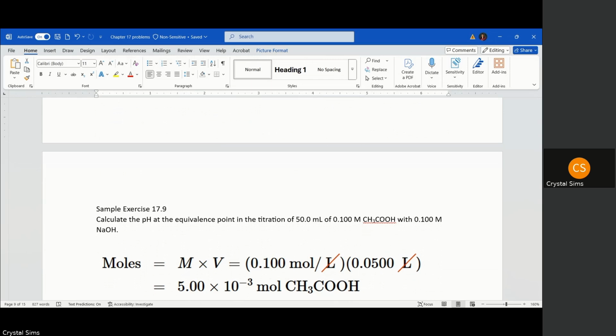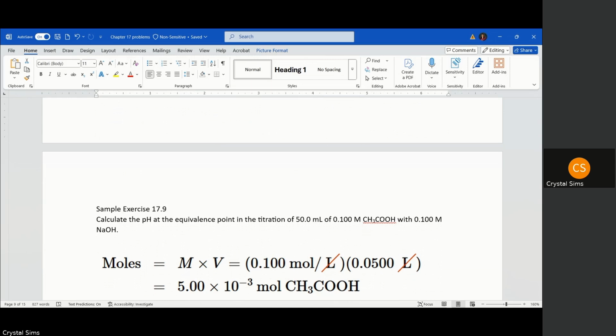Now, looking at the titration curve for a weak acid and strong base, which is on page 741 in your book, it's also in your notes, we can see that the equivalence point for acetic acid and sodium hydroxide is at 50 milliliters. What that tells us is it's going to take 50 milliliters of the sodium hydroxide to reach that equivalence point.